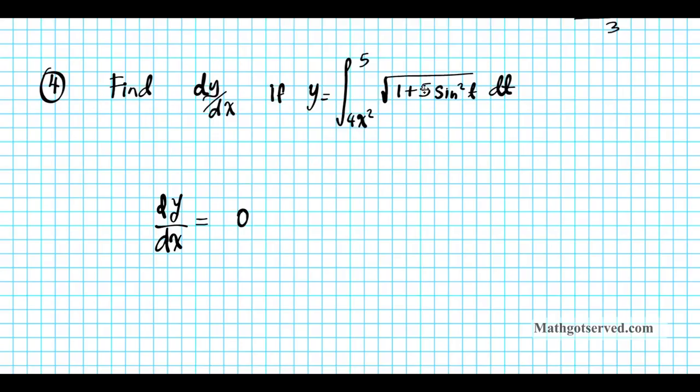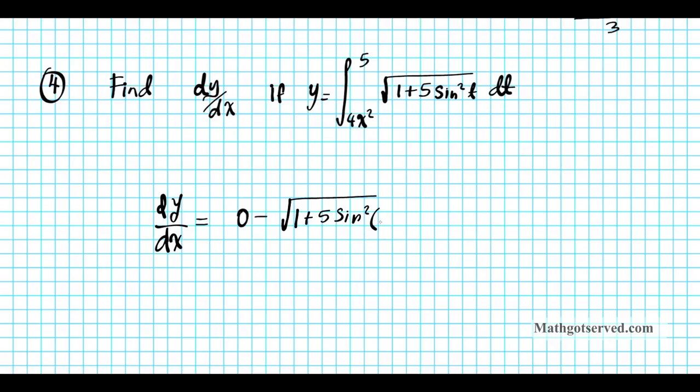Okay? So evaluating the derivative of the antiderivative of this function at 5, you get 0. Minus, if you evaluate the derivative of the antiderivative of this at 4x squared, all you have to do is simply plug in 4x squared into this function, which would be the square root of 1 plus 5 sine squared.